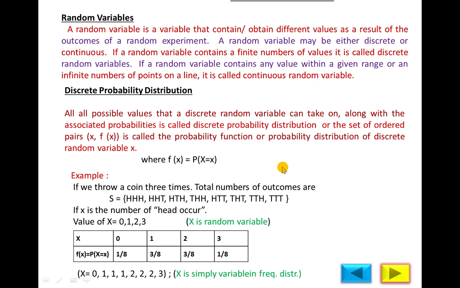So first I will explain the definition. This is the definition of the random variable. Then again I will repeat the difference between the variable and random variable. The definition is: a random variable is a variable that contains or obtains or takes different values as a result.